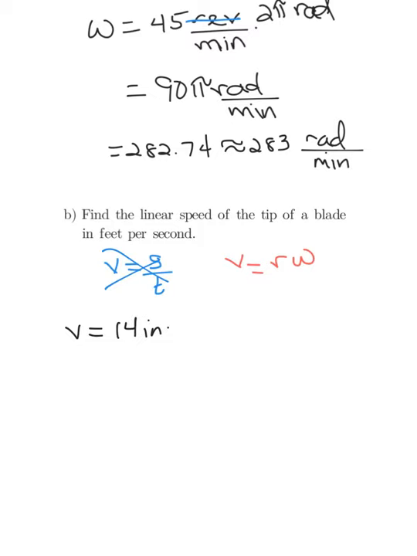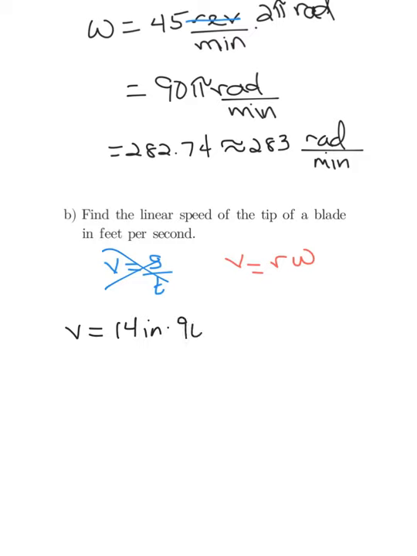When you go to these second parts and you have to use answers from the previous part, do not use the rounded answer that you put in for part A. Go back to the 90 pi version of it. That's what those directions were saying: do not round intermediate computations.